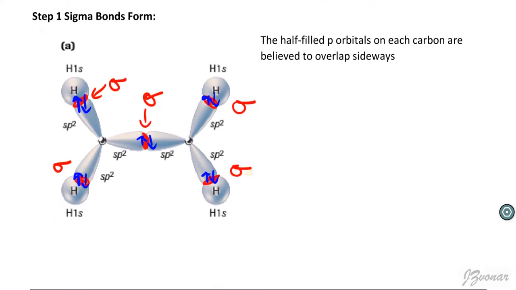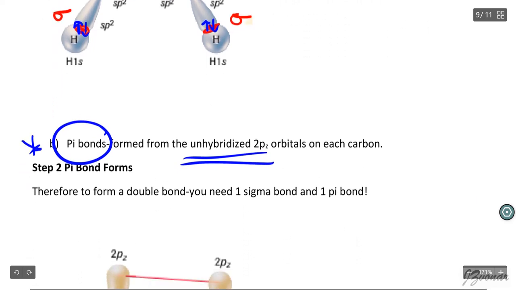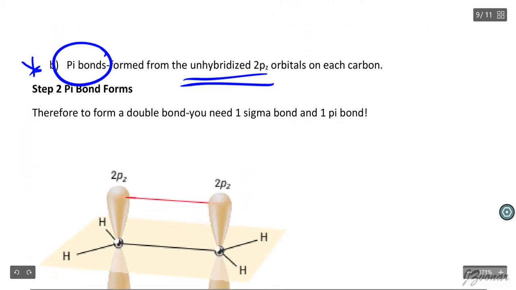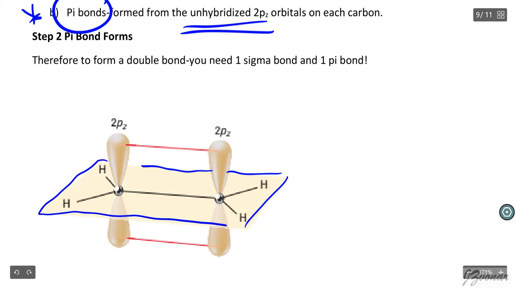Now, you have to imagine that perpendicular to the two carbon atoms are the normal p orbitals. That's what forms my pi bond, from these unhybridized p orbitals on each of the carbons. So that's step 2. This here in the yellow represents the sigma bonds that have formed between the two carbon atoms as well as the hydrogen atoms.